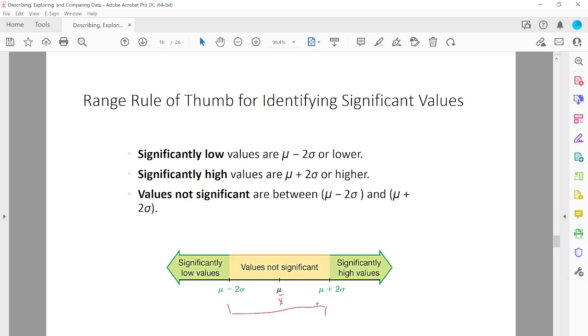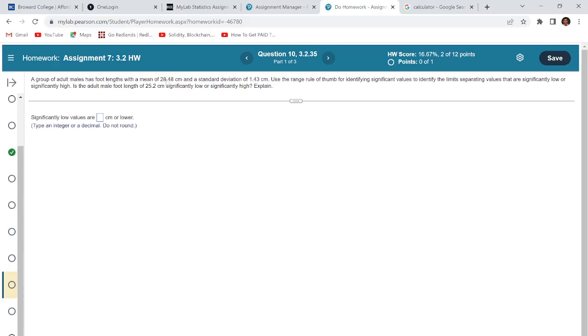The same thing is true for sample or population. So it's significantly low if the value is less than the average minus 2 times the standard deviation. So here, the average is 28.48 minus 2 times 1.43.